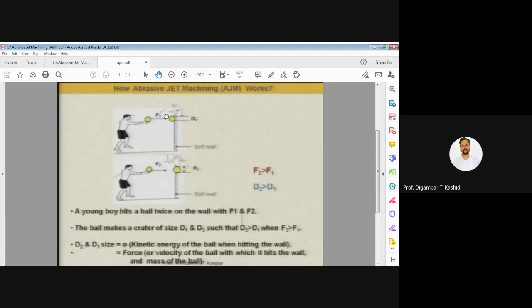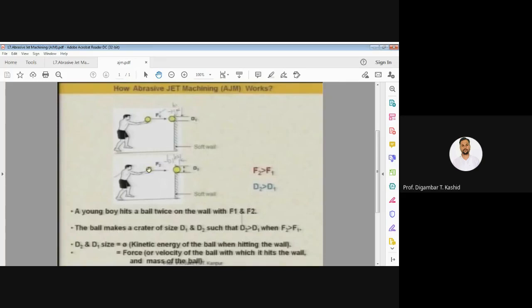When the first person applies the force F1 to this ball, the ball will hit the wall, and by hitting that wall some penetration will happen, and that depth will be H1. Certain H1 is shown here, and the diameter of that hole is D1.